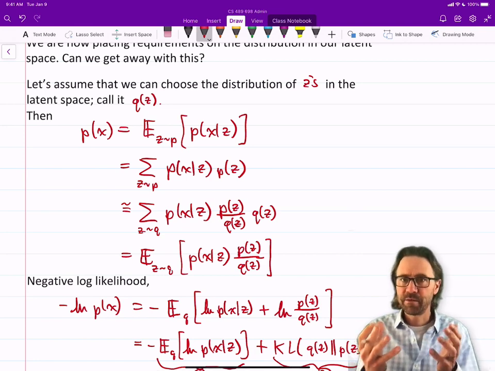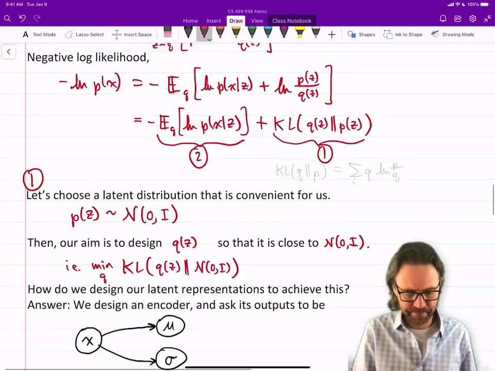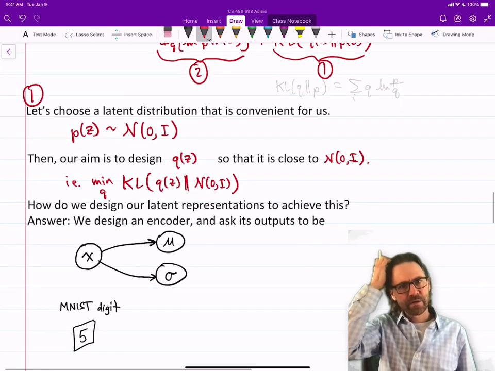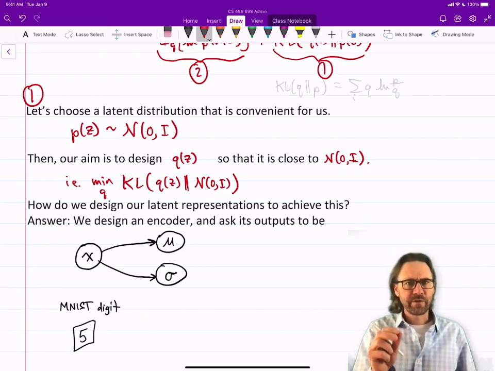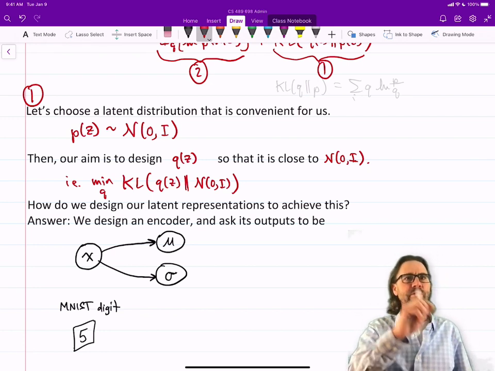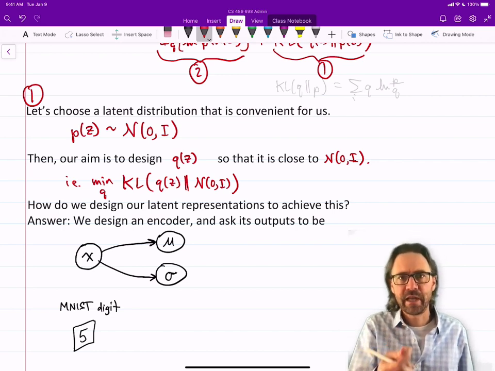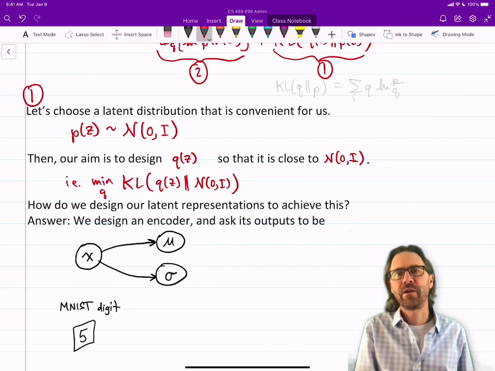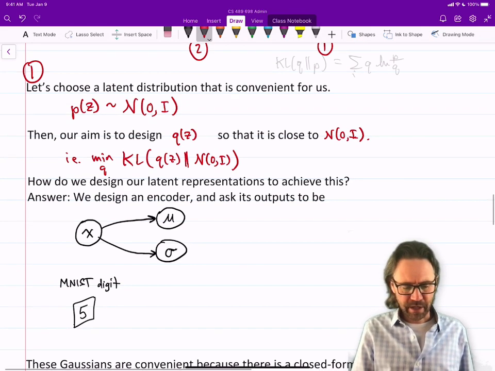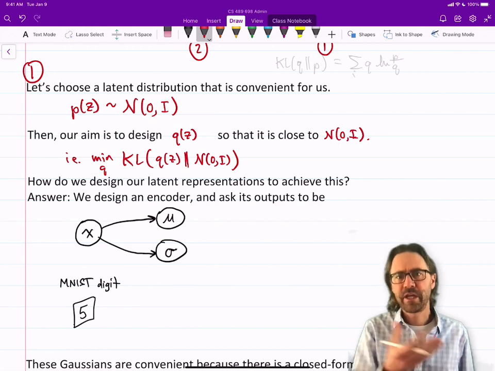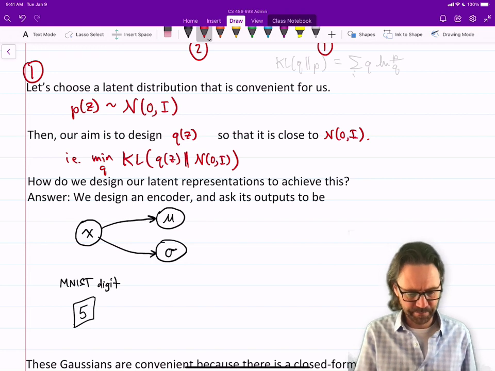We said, let's suppose that our latent distribution is a standard normal distribution. But we still need to figure out how to create our latent representation of our digits. We need to know how to represent our digits in our latent space. So how do we design our latent representation so that it's a standard normal distribution?